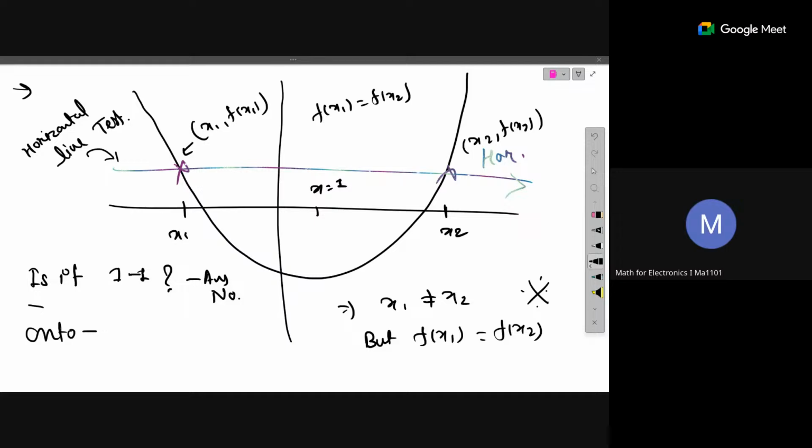And if one of them intersects your graph more than once, then it's not a 1-1 function. That's known as the horizontal line test. So you have to draw many horizontal lines, and if one of them intersects your graph at more than 1 point, then your graph is not a 1-1 function.